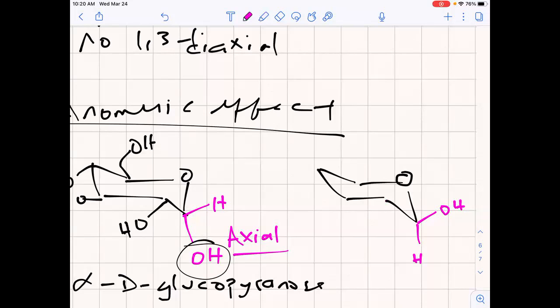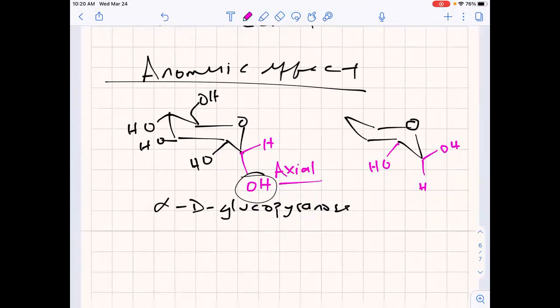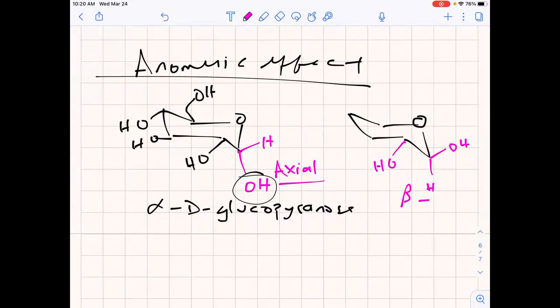And the other hydroxyl next to it is also equatorial. So this is alpha and this is the beta version.